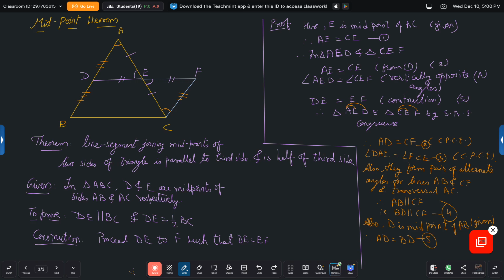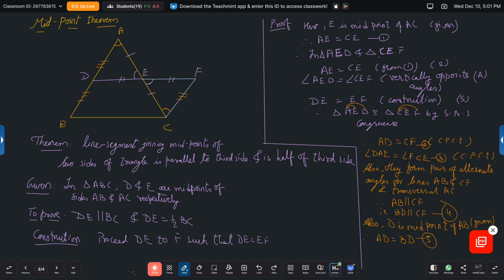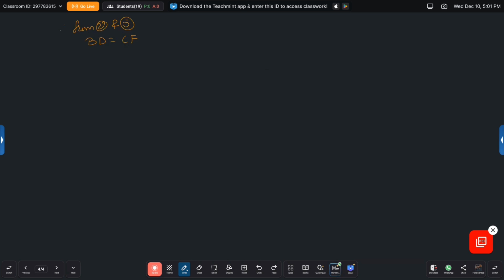Take this as number 5. Now AD is equal to BD in number 5, and AD is equal to CF in number 2. So from 2 and 5, I can say that BD is equal to CF. Give this as number 6.